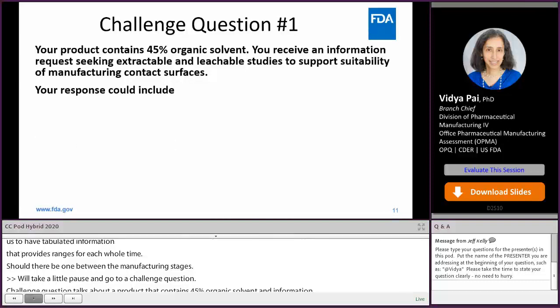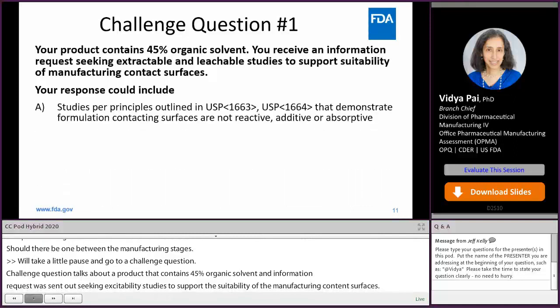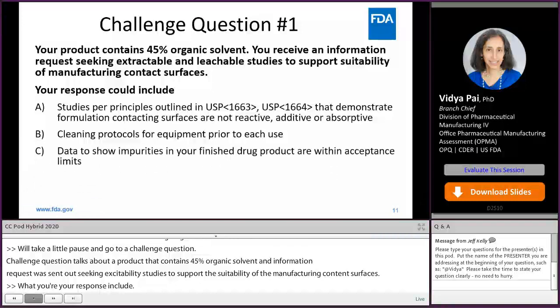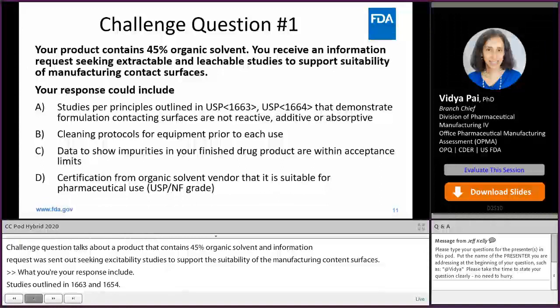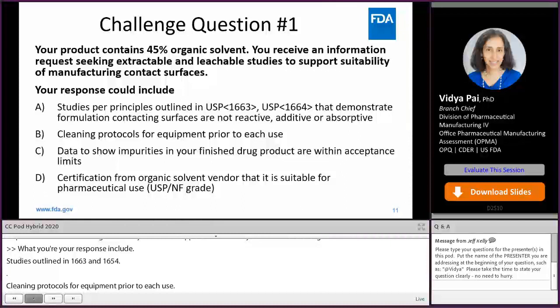So what should your response include? A, studies per principles outlined in 1663-64, cleaning protocols for equipment, data to show impurities in finished drug product are within acceptance limits, certification from organic solvent vendor that it is suitable for pharmaceutical use.